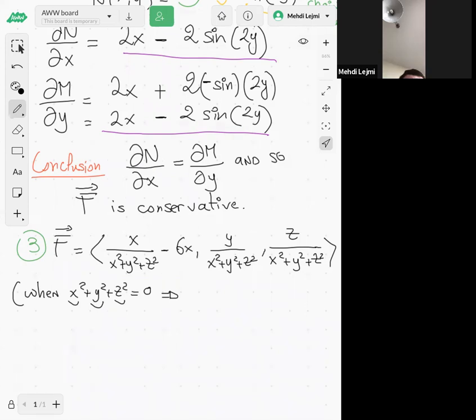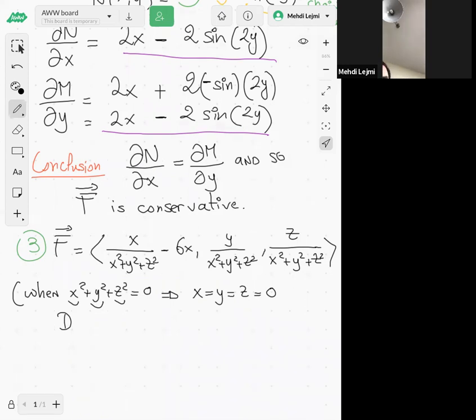It means that each term is equal to 0. So x squared is equal to 0, and y squared is 0, and z squared is 0, right? So actually we can conclude that x is equal to y is equal to z is equal to 0. So all of them have to be 0. So we have to remove from the domain the origin, right? That's where x and y and z are 0.